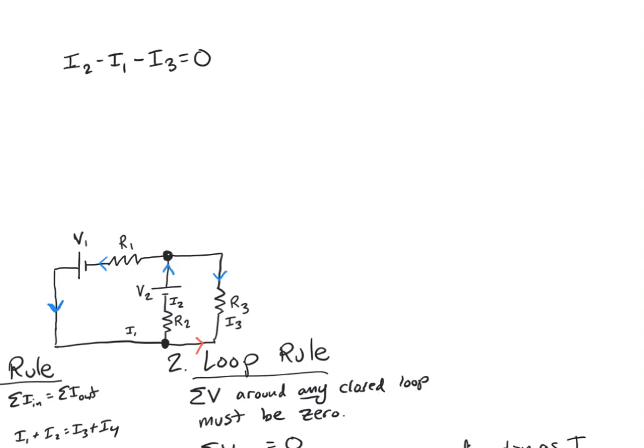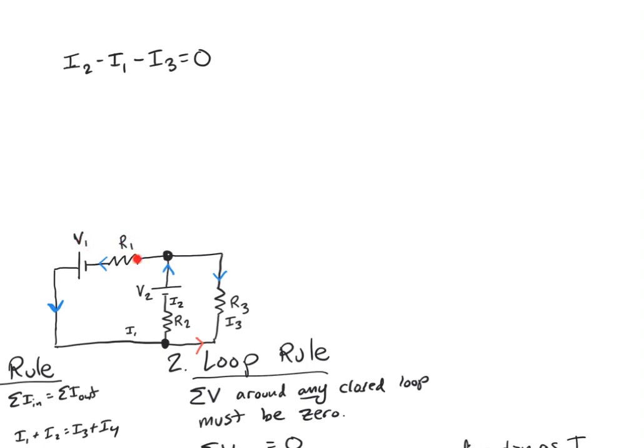So that's not enough. I've got all kinds of things in here. Even if I know V1, V2, R1, R2, and R3, I don't know what V1 is. This is bad notation. We'll fix that later.